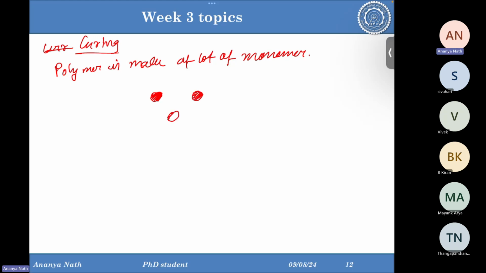present inside the liquid resin, along with this monomer, as resin is a photocurable polymer, there will be some photoinitiator present inside the liquid resin. These bigger chunks are the monomers, and the smaller chunks are the photoinitiator.